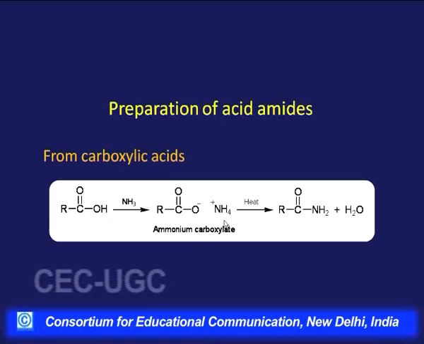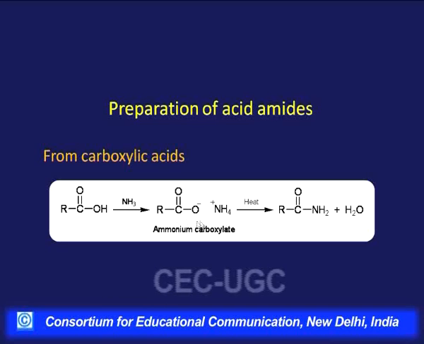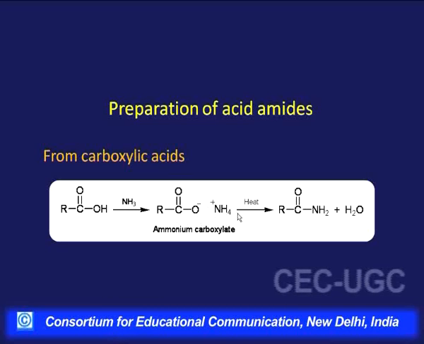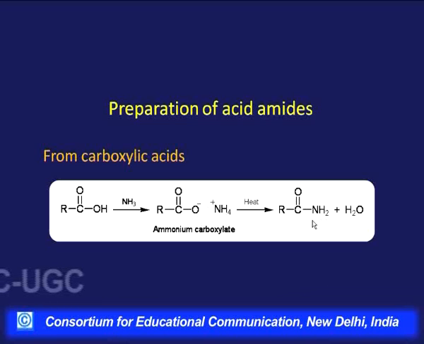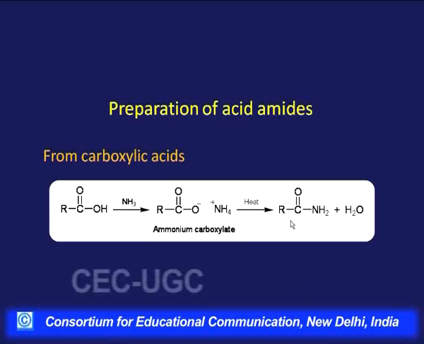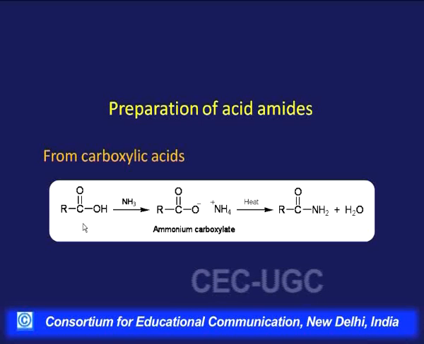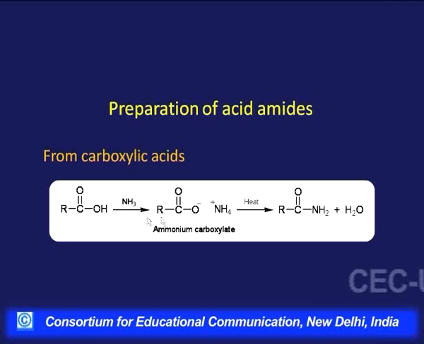These ammonium salts on heating strongly lose a water molecule and get converted into amides. So, this is one of the very simple methods of getting amides from carboxylic acids, that they are basically treated with ammonia under pressure at high temperature. So, in the same vessel, in the same step, initially the ammonium salts are formed, which get converted into amides.